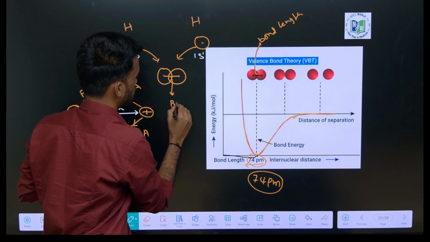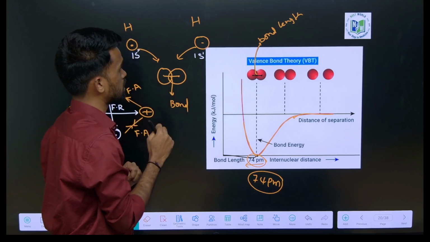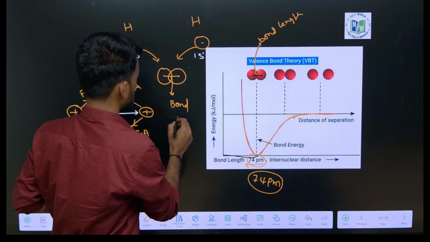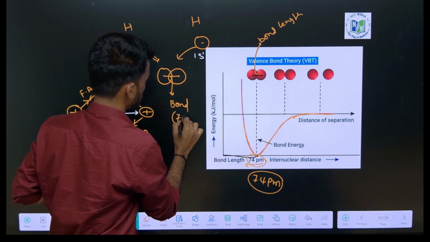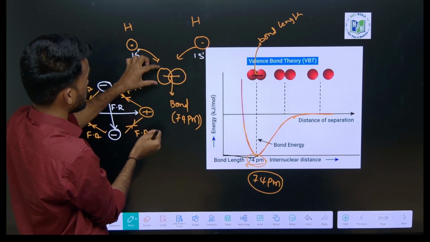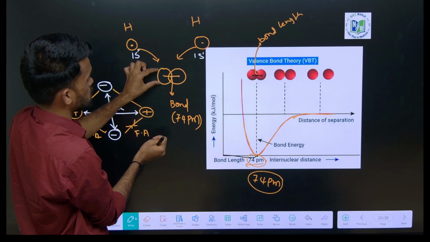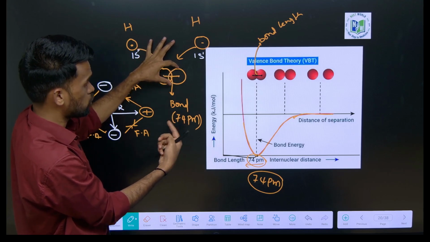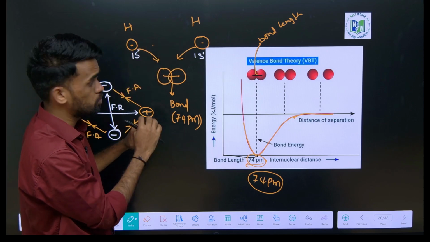This is a bond, and the resulting molecule is considered a hydrogen molecule. The distance is 74 picometers, and see, the atomic orbital of this hydrogen is partially interpenetrated into the other hydrogen atom. Similarly from this side also. I hope this is clear.